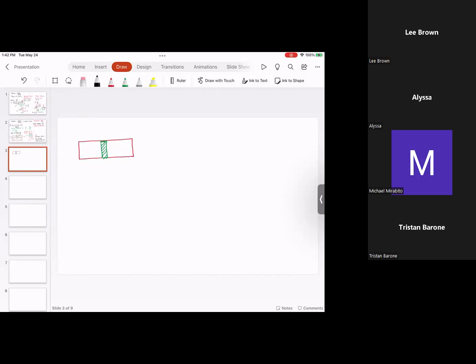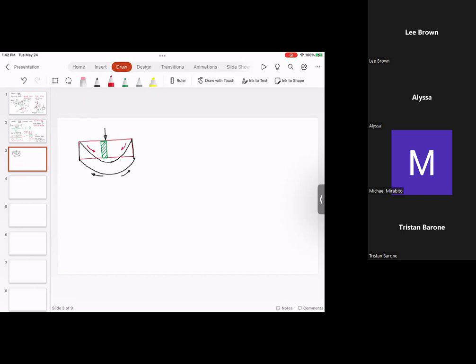And now this beam is loaded. Once you load the beam, it kind of deflects. And as you can see, the bottom fibers are stretched and the top fibers are compressed.